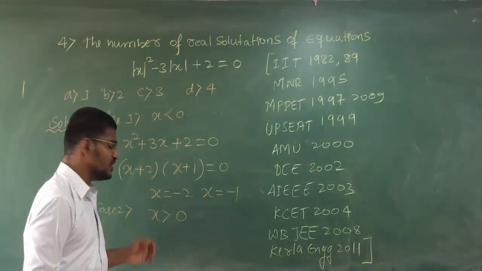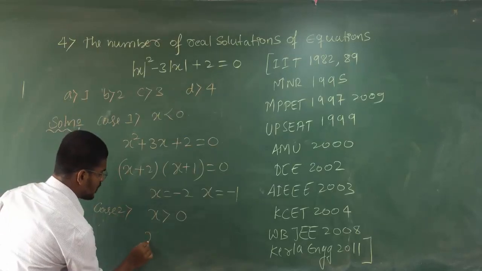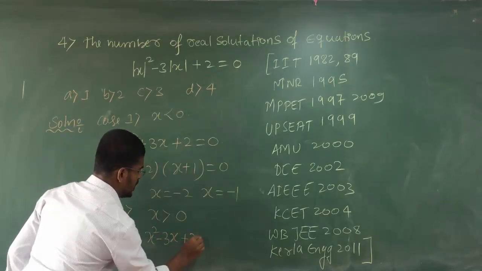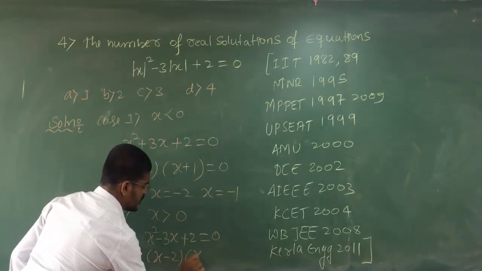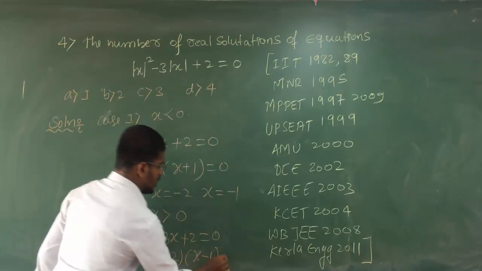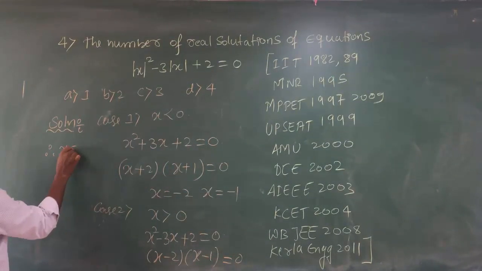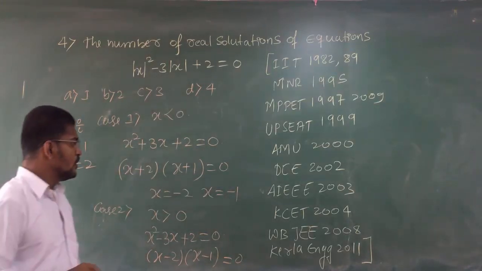So here |x| will become positive. Therefore, x^2 - 3x + 2 = 0. That will be (x - 2)(x - 1) = 0. Therefore, x = 1 and x = 2.